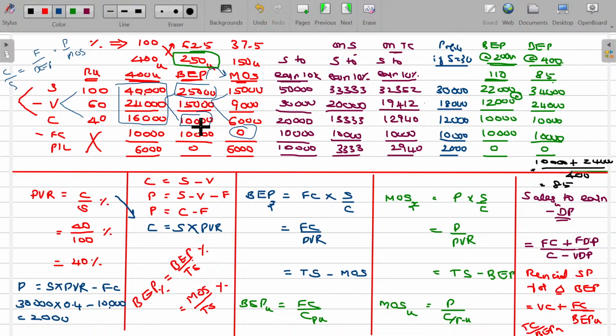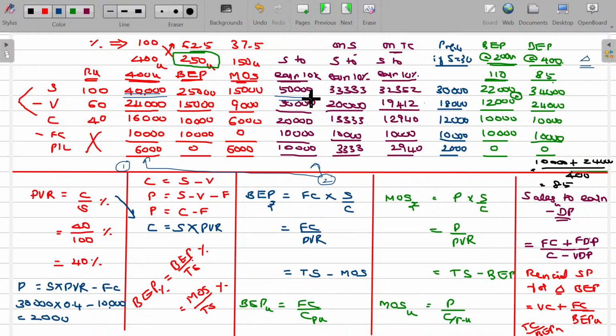If you want to find out the incremental sales, I'll just use it here between two options. Probably I may consider these two plans: this is the first estimation, this is the second estimation. Sales go from 40 to 50, so incremental sales is 10,000. The incremental profit between these two is 4,000 rupees. What about the incremental fixed cost?